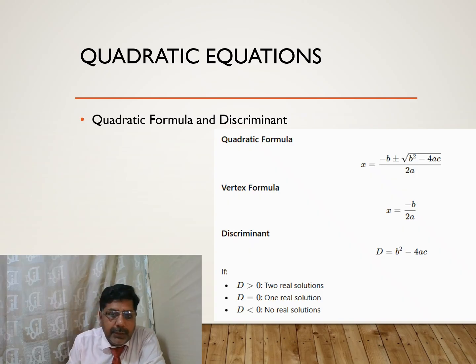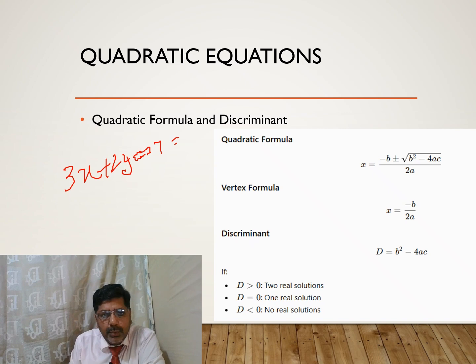For example, if we have 3x squared plus 2x minus 7 equals 0.